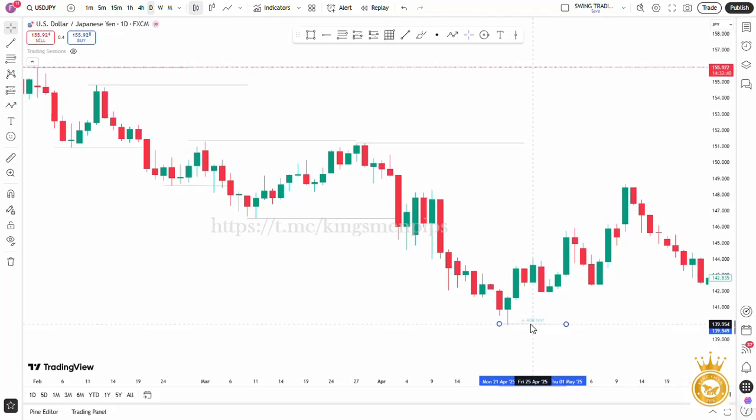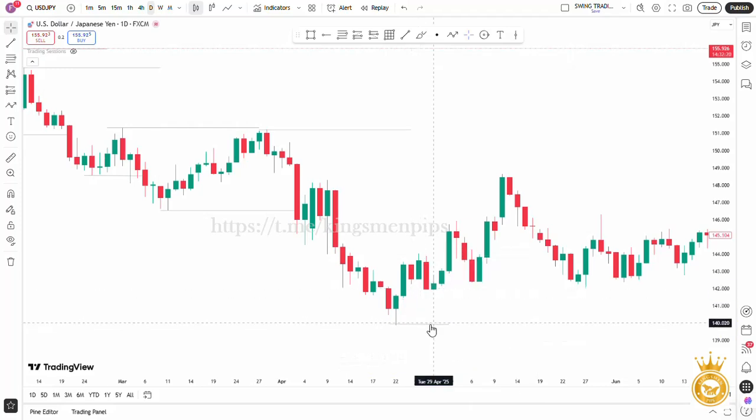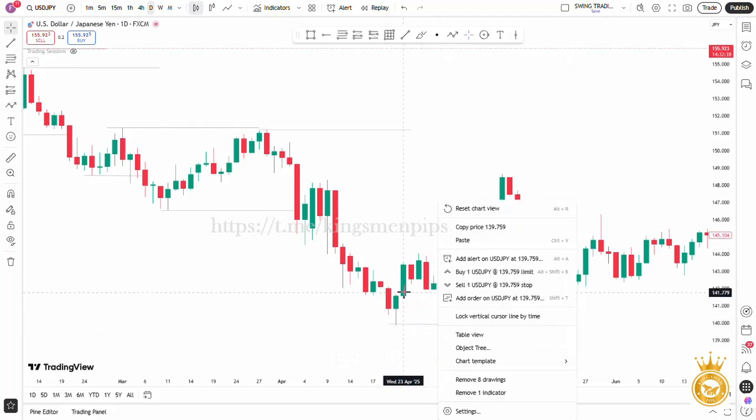Let's use this, because I've dealt with a lot of people before, and they tell me, I don't understand. If you want to mark this as a high, you can see now that you use this one to make it obvious, this is a high. But maybe we should do the two because it's very clear.